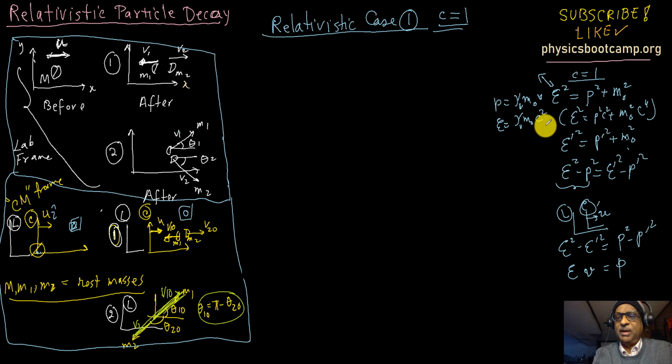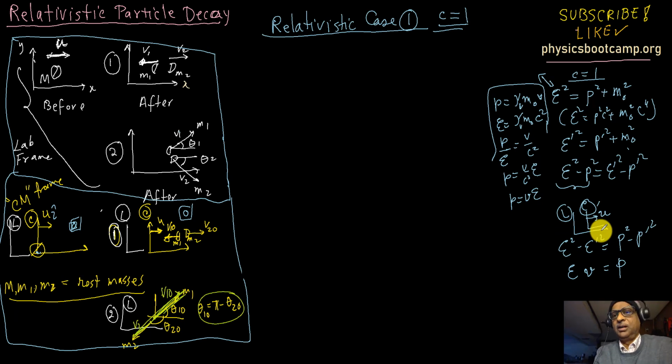So this is putting the c back in. Take a ratio of these two. P over E is going to be v over c square. So P equals v over c square times E. And when c is 1, it's just vE. So these two equations are very useful. You should remember them. And let me pause and clean this up so that I'll have more space to write.